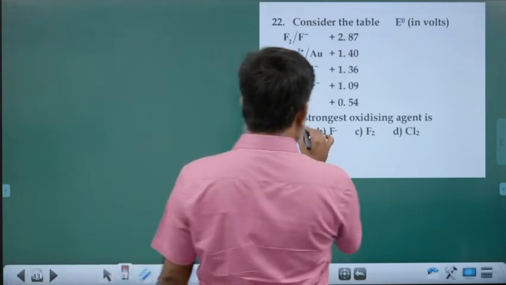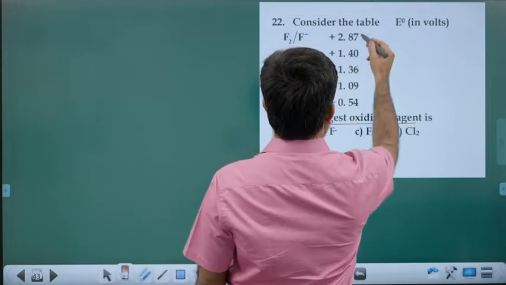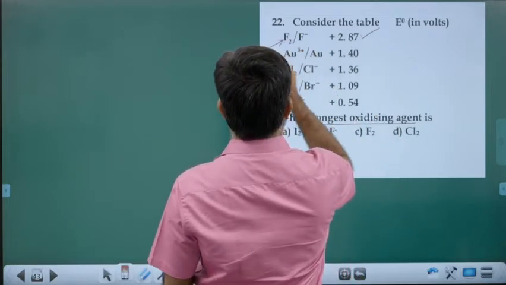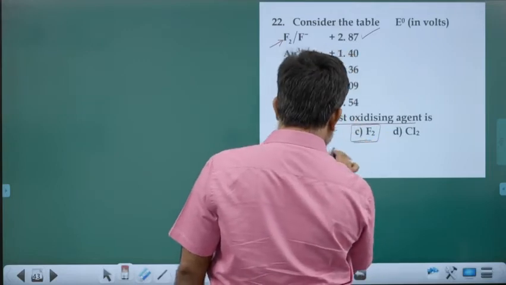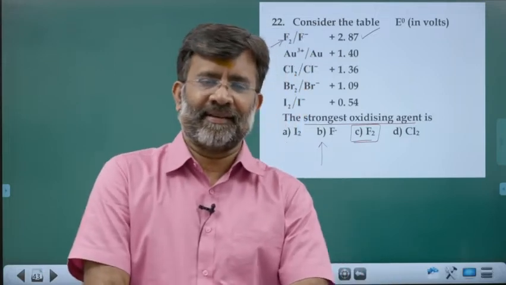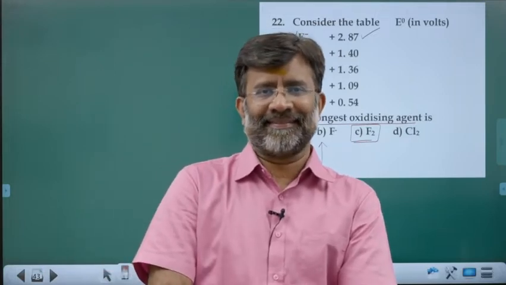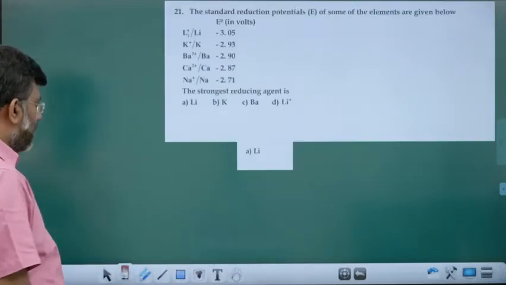Strongest oxidizing agent. High positive figure, and the answer is F2. Answer is F2. Don't fall in that choice. Okay. Fine. So keep that in mind.